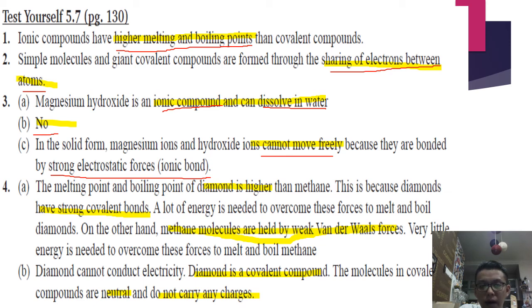Diamond has a higher melting and boiling point than methane because it has strong covalent bonds. The methane molecules are held by the weak van der Waals force, so less energy is required to overcome this force. Of course, diamond cannot conduct electricity because it is a covalent compound and it is neutral. It does not carry any charge.